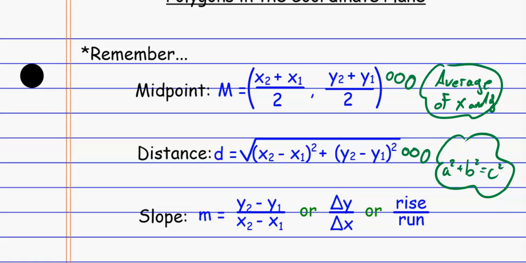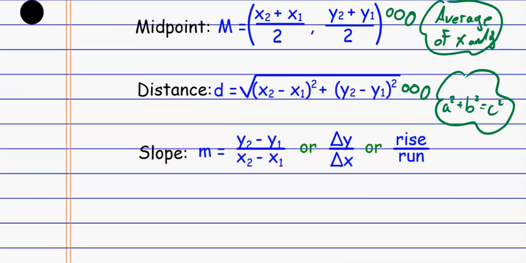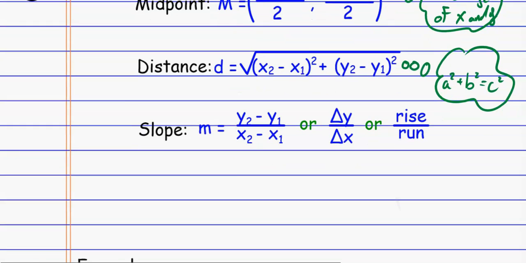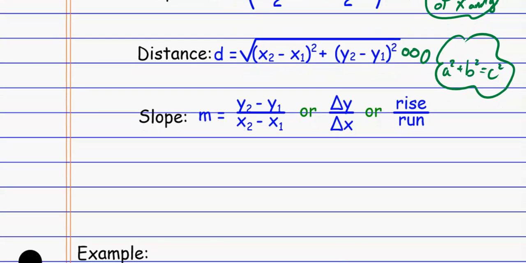And then slope itself, I always do from the graph, either rise over run or change in y over change in x. You could also do the slope formula, where it's the difference of the y's over the difference of the x's. Just make sure you subtract in the same order each time, and make sure you have those y's on the top. The other thing we have to remember about slope is when we're talking about parallel versus perpendicular lines.